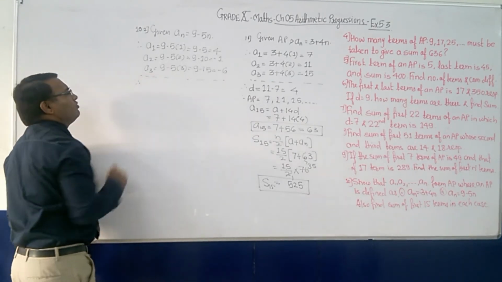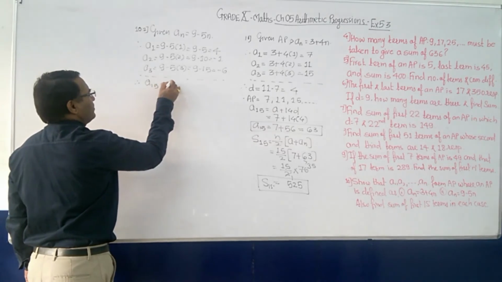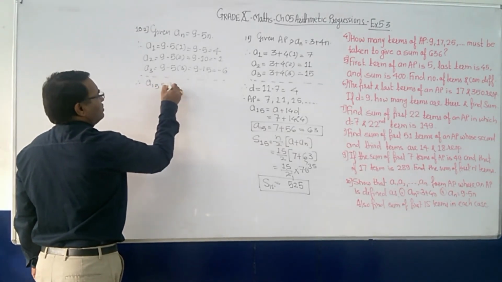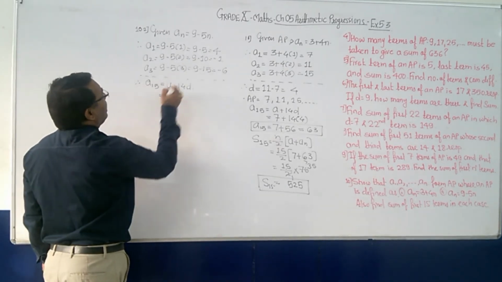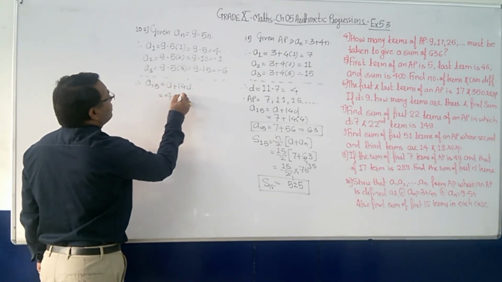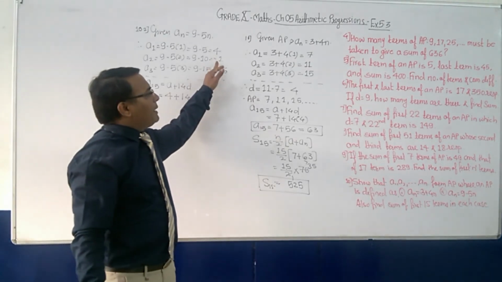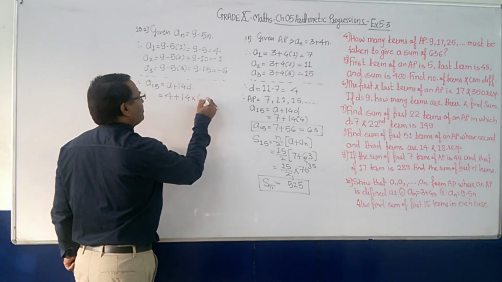Therefore, what will you do? We will find a15 also. What is a15? It is a plus 14d. So here, what is your a? Your a is 4, and now what is your d? It is minus 1 minus 4, so it will be minus 5.